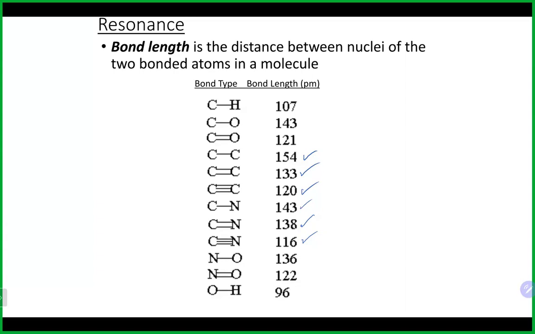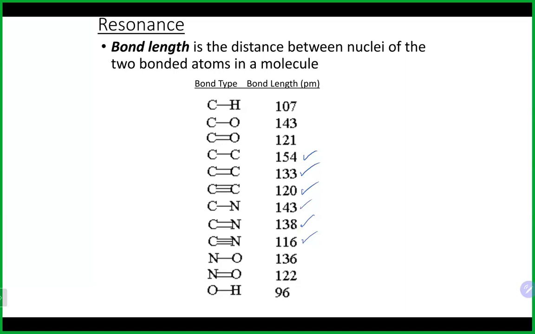So every time you add a bond, you're making a lot more negative charge between the 2 atoms, going to attract the positive nucleus and going to drag everybody in closer to one another. So typically speaking, a single bond is longer than a double bond, and a double bond is longer than a triple bond. It's not like our triple bond's 3 times as short as a single bond or anything like that.